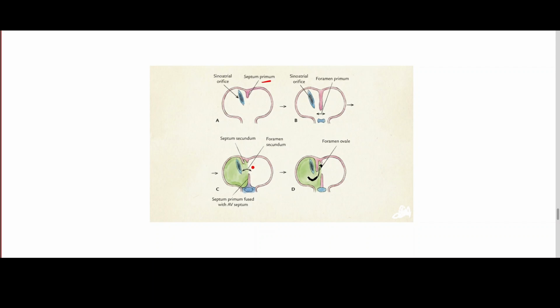So we have seen that the septum primum will grow and close off the foramen primum, but before that happens, due to apoptosis, another foramen is opened up here, called the foramen secundum. Now, another septum starts growing from the right side of the septum primum. This septum is called the septum secundum.